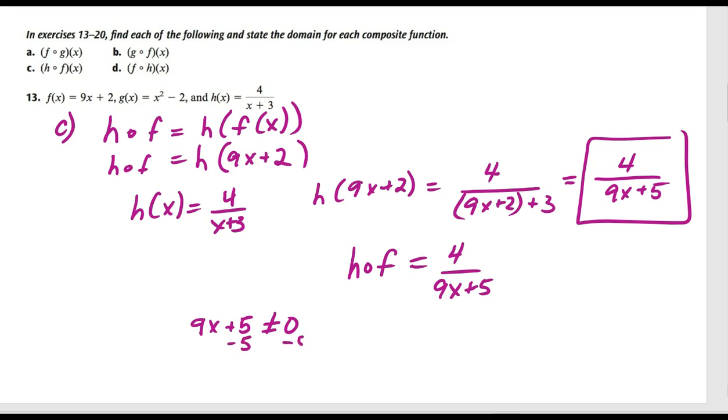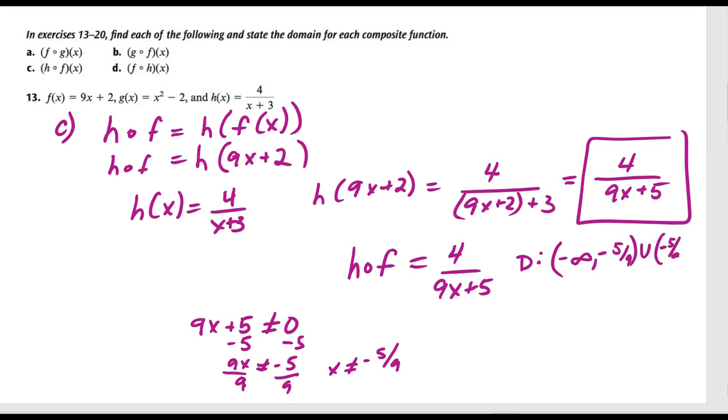So I'm going to look for the values for x that will cause this to happen by setting the denominator equal to 0 and solving. So I can see that I do not want x to ever be allowed to equal negative 5/9. So my domain for the composition function would be negative infinity to negative 5/9, and I'm going to exclude it by putting parentheses on each side of it. And then in union with negative 5/9 to infinity.